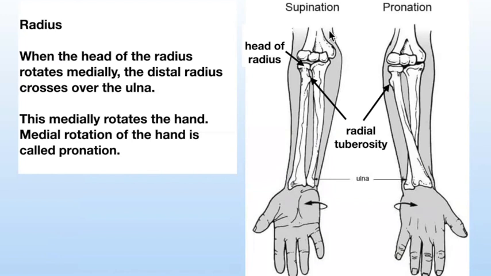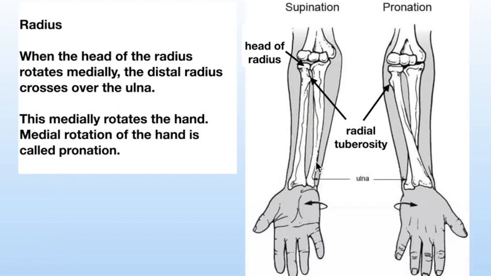So take a moment and look here at supination versus pronation. Supination is our starting point because we always think of stuff coming from the anatomical position that we learned in our first lecture. The reason they chose the position of the hand to be so clear an anatomical position is because it tells you something about the position of the radius and the ulna in relation to each other, okay?